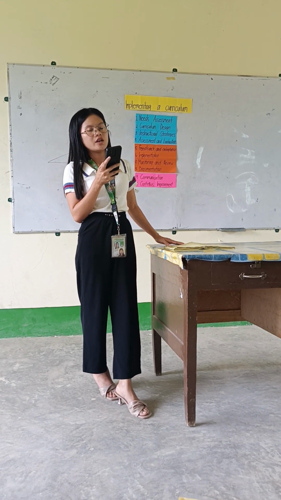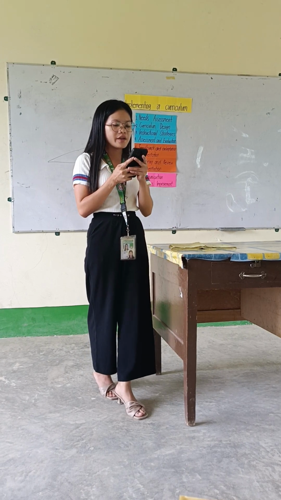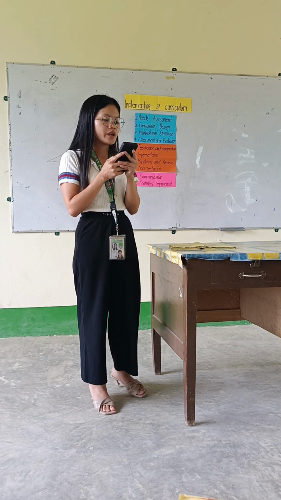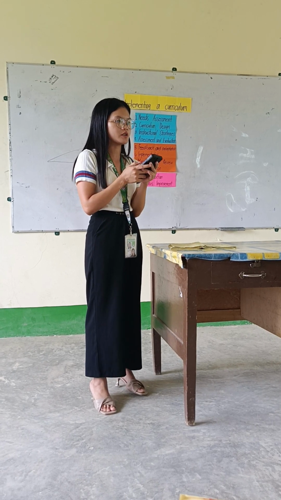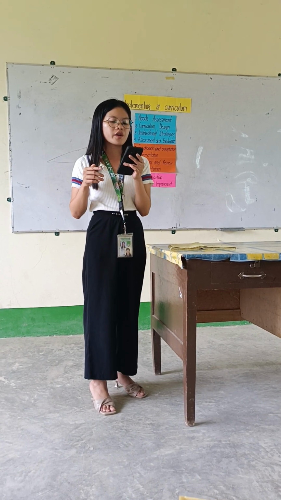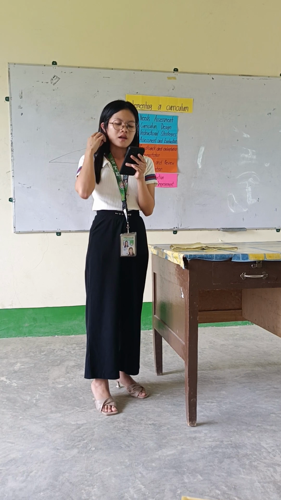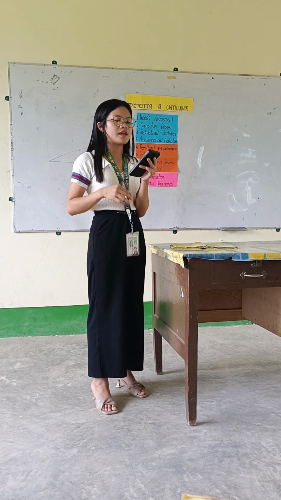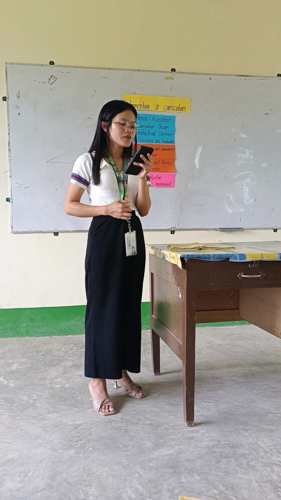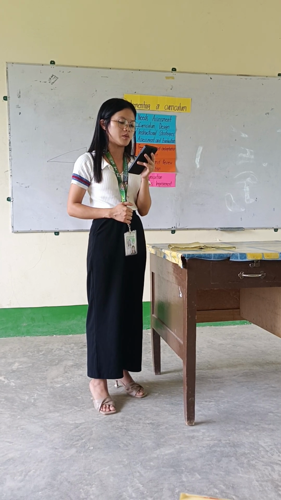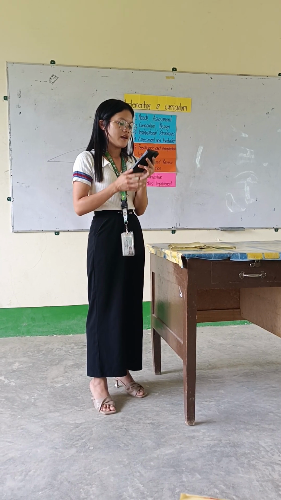Of course, in order to make a decision, according to this model, you should meet the stakeholders and identify their perspective, or you will ask their perspective, because stakeholders have further knowledge about the curriculum.